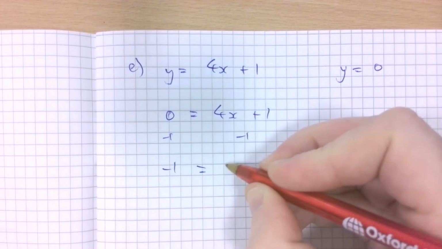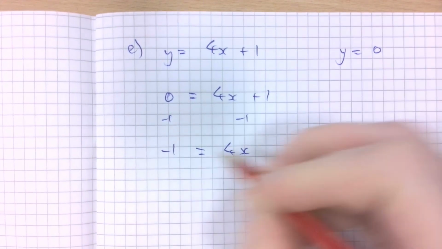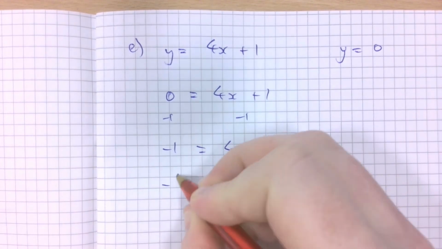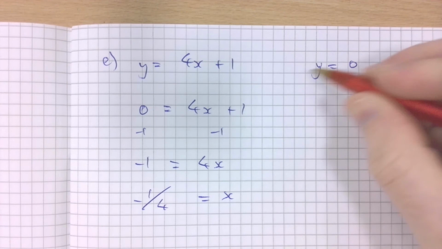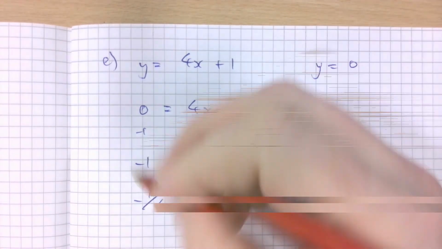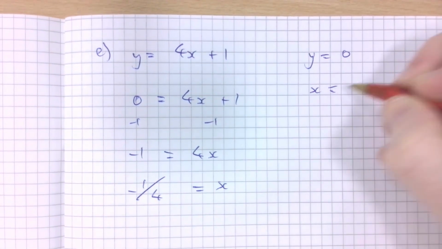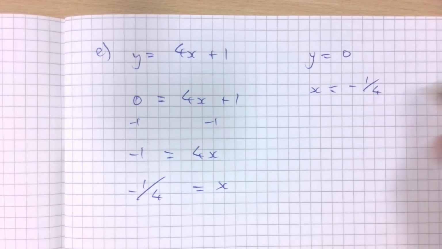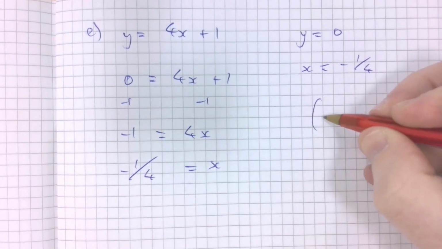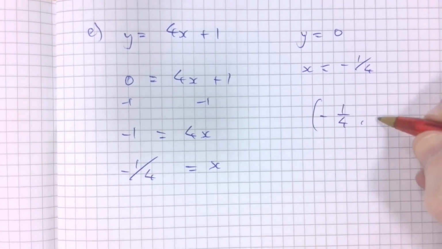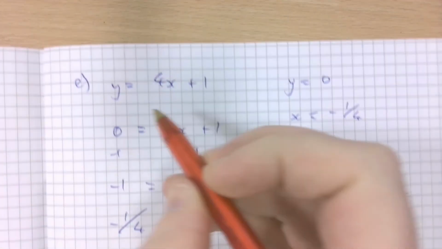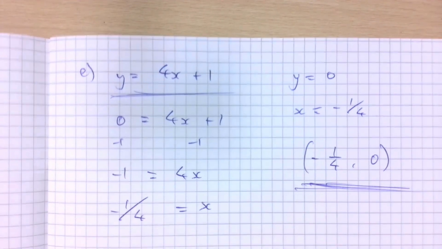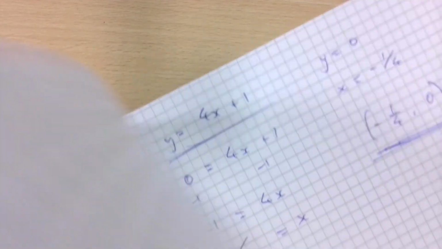Minus 1 equals 4x, and then divide both sides by 4. Negative a quarter equals x. So when y equals 0, for this particular equation, x equals negative a quarter, making the coordinate minus a quarter, 0. That is the coordinate where this line cuts through the x-axis.